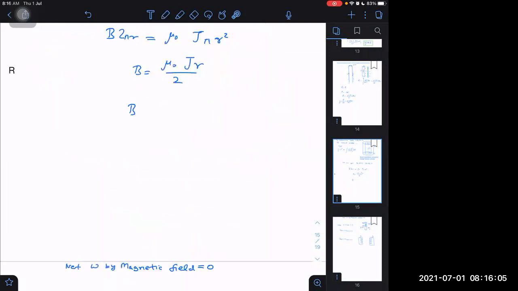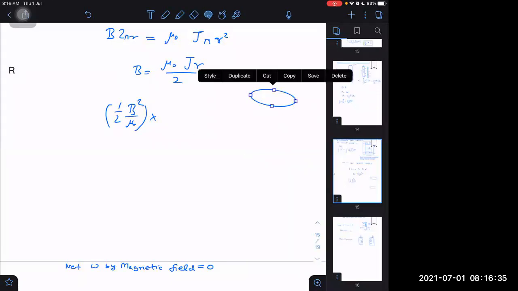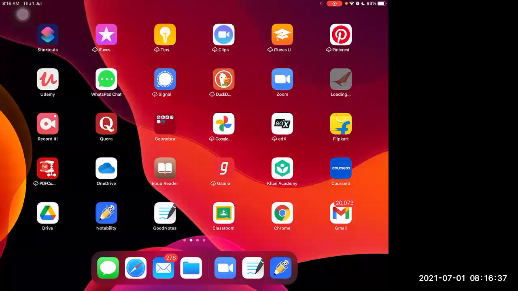What is the energy stored? Half into B square by mu naught, into what will be the energy in the cylindrical region? Can we take B as mu naught J into capital R by 2 for the whole cylinder?